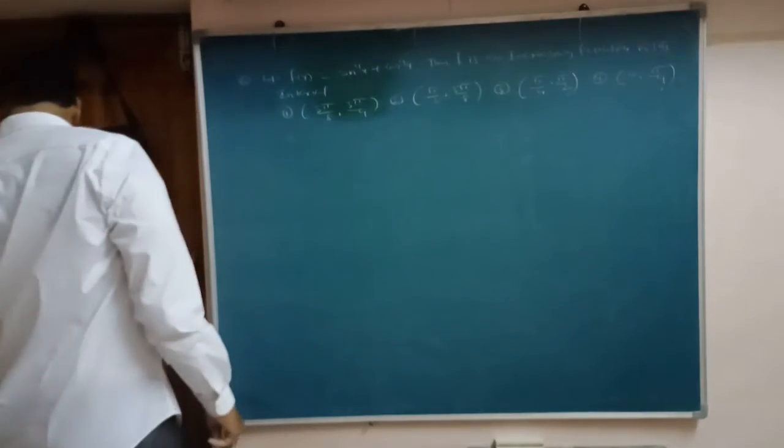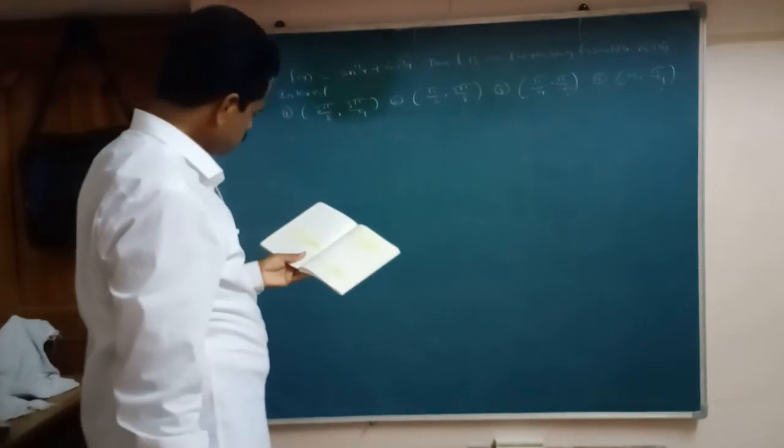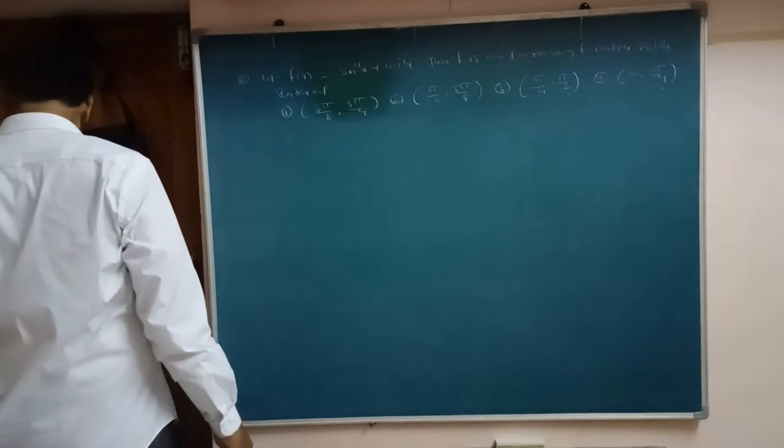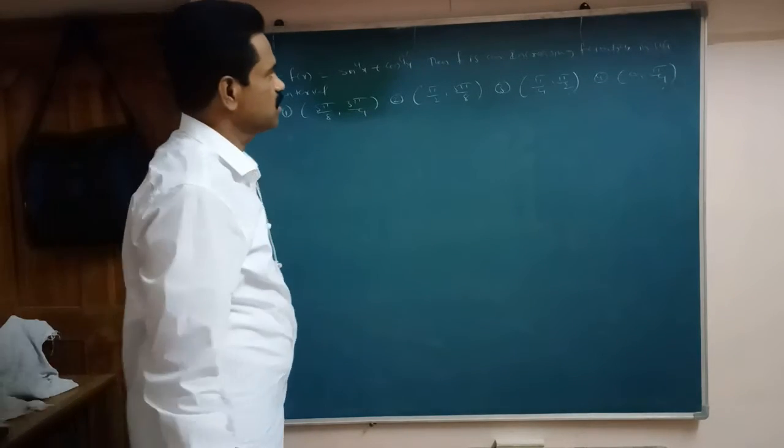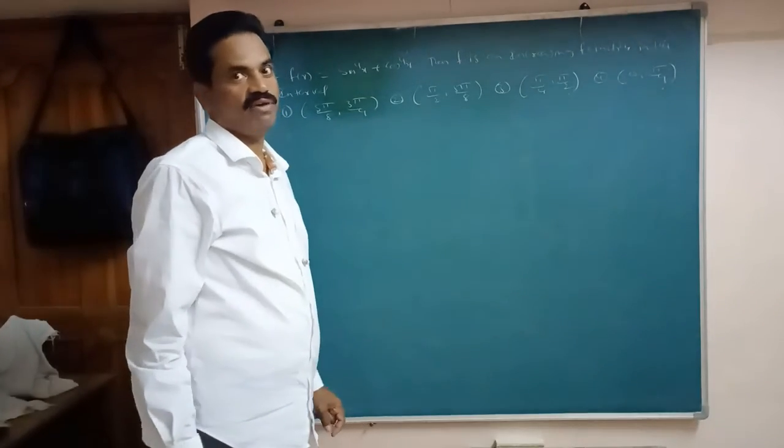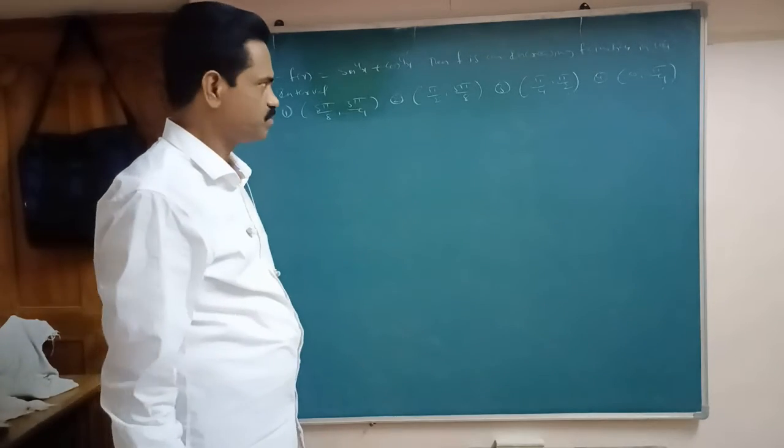So what we have to find out here: f of x equal to sin power 4x plus cos power 4x. Increasing means f dash x greater than 0.